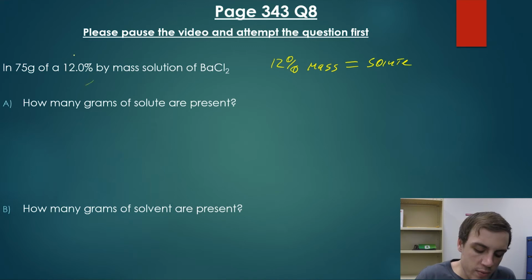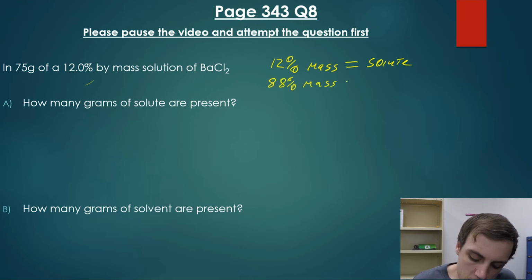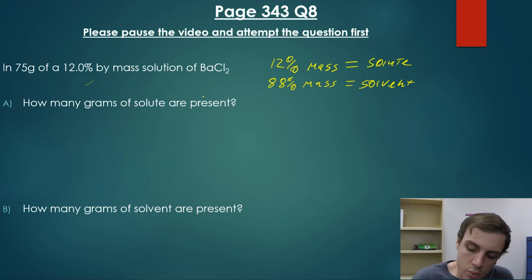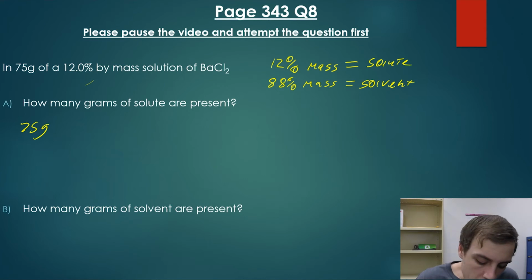That's what this is referring to by 12% by mass, meaning that the other 88% by mass is the solvent. So how many grams of solute are present? We go 75 grams, which is the total mass of the solution, and we multiply this by 0.12, and that will give us 9 grams of solute.